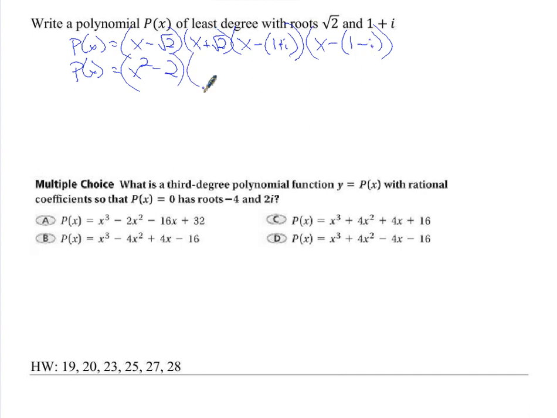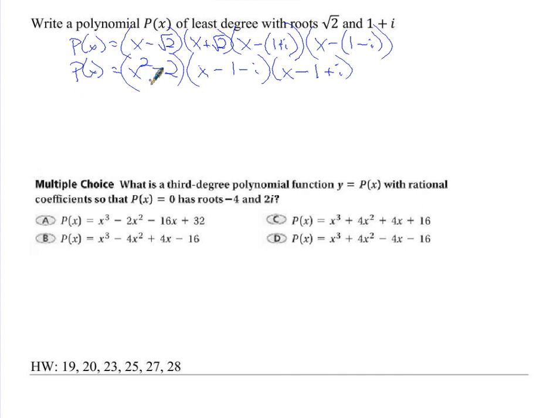So parentheses, x what? Minus 1 minus i times x plus i. Okay, so now we're down to just 3 things that need to be multiplied together. Even though we had 4 to begin with, this one's already taken care of because it was kind of easy.